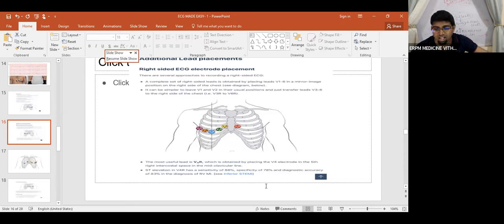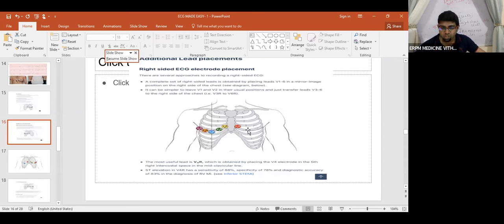Because of that, generally we don't put all these leads, since it's difficult for them also. Instead, we select one standard lead out of this group, that is your V4R.